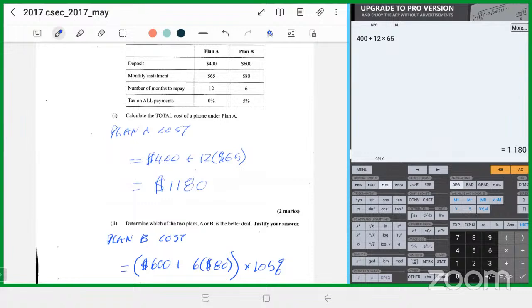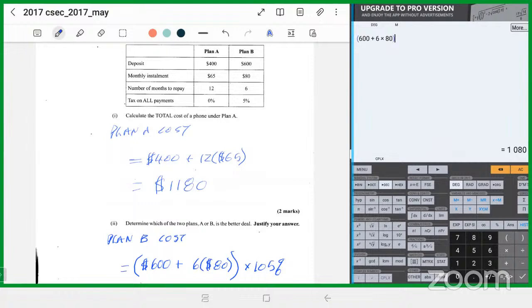If you don't do it that way, you can get the 5% and then add it, it's the same answer you're going to get. But this is for us to do the calculation using the least number of calculations possible. We don't want to do too many calculations. All right? We need to understand these things. So I'm going to put the bracket. I'm going to do the 600 plus the 6 times 80.